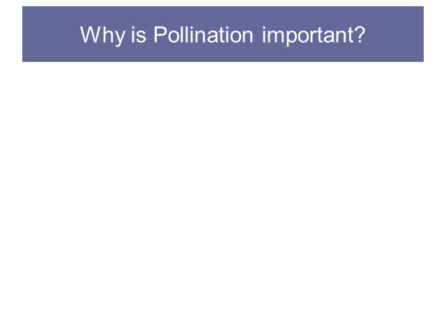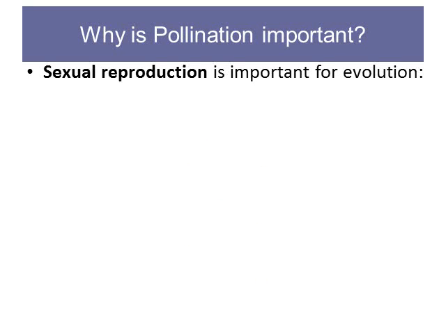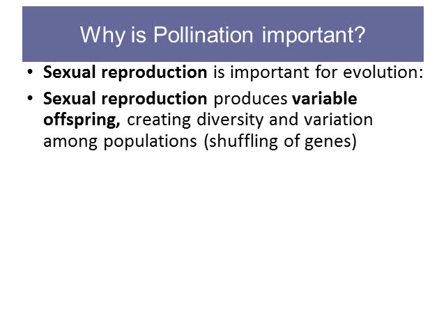And now, why is pollination important? It's important to understand because it's sexual reproduction. That's very important for evolution. Sexual reproduction produces variable offspring. You want variable offspring because if you have the same offspring, monocultures and genetically identical plants like the banana, that's bad.